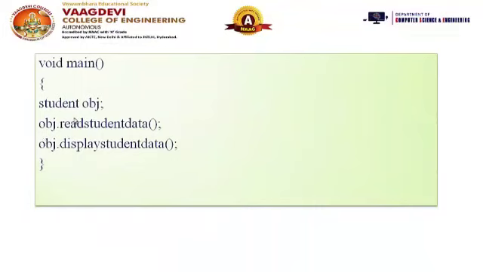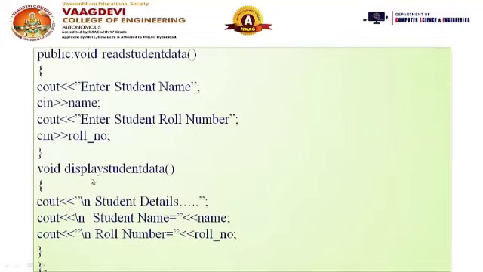And in the next statement, obj.displayStudentData calls the display student data method in the student class. So, the display method is invoked using an object. Then the control goes to the display student data method definition, and enters into the display student data method. The statement cout will print the data on the monitor by using the cout object.